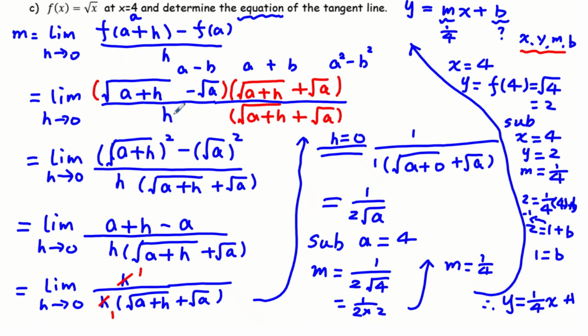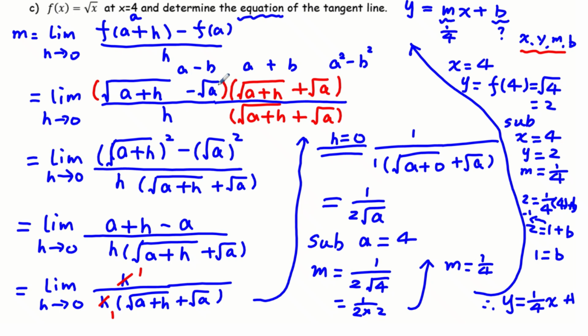The reason is we want to cancel the h at the denominator out. Otherwise, we are not able to sub in h equals 0. So rationalizing the numerator by multiplying by the conjugate term. So f minus, then the conjugate term will be plus.